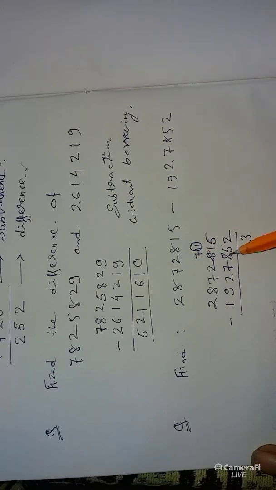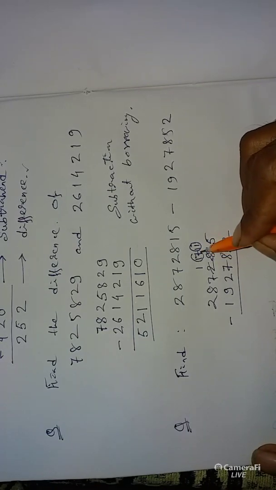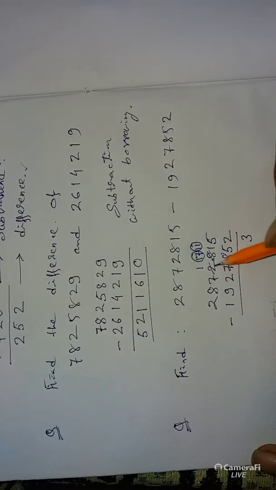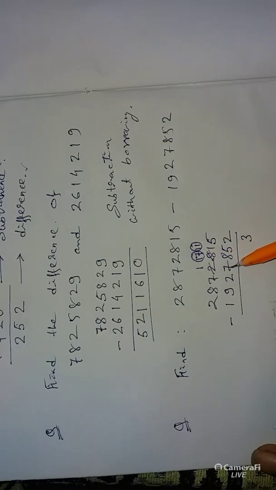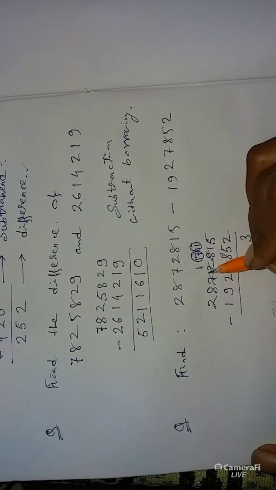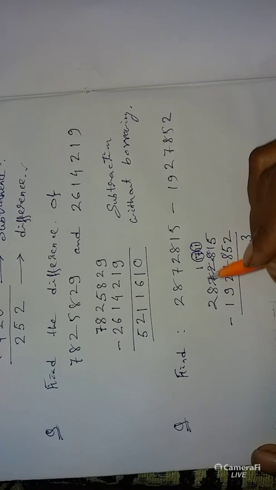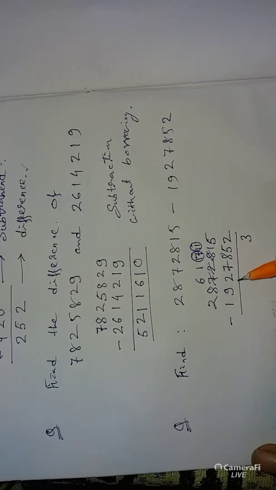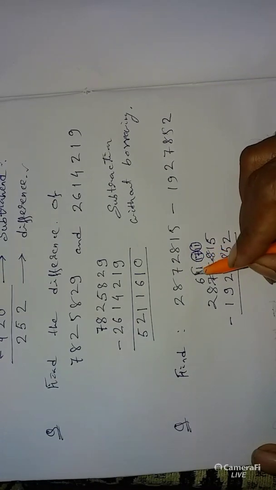But again 7 minus 8 is not possible, so we will borrow 1 from here, so it becomes 1 and 7 becomes 17. But again 1 minus 7 is not possible here, so let us borrow 1 from here, so it becomes 6 and 1 becomes 11.